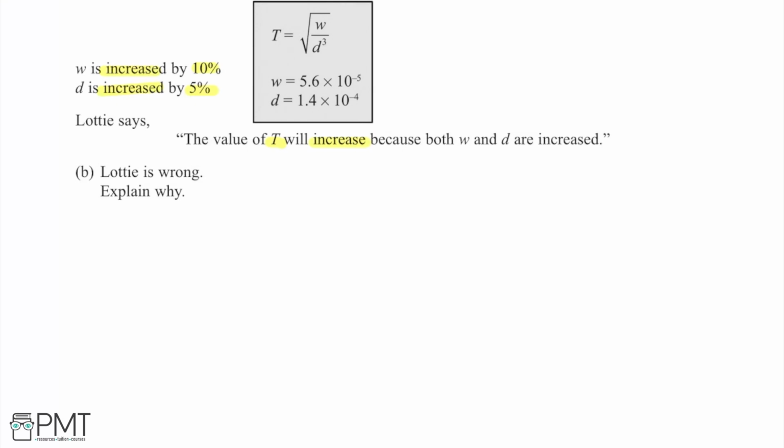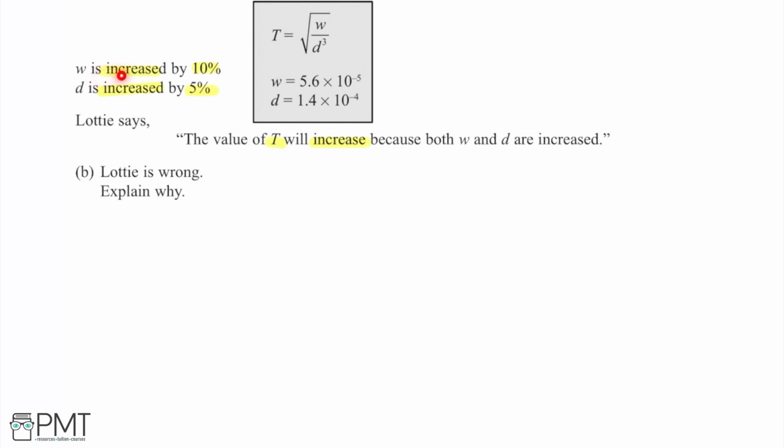So here we're working with these new values of w and d, and we want to use them to see whether the value of t that they produce is greater than or less than the previous value of t that we calculated. One way we can do this is by looking at the scale factors by which w and d are multiplied in order to get the new values.